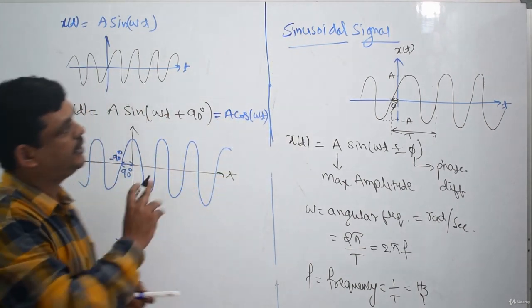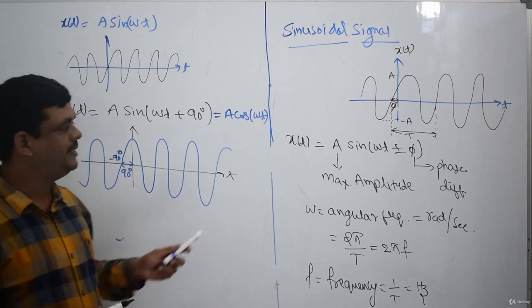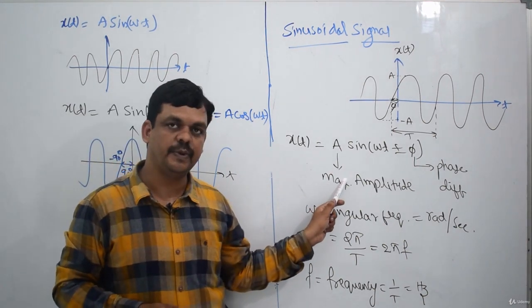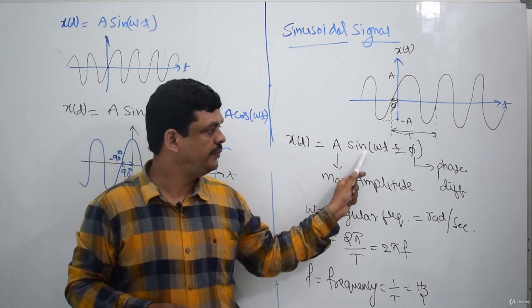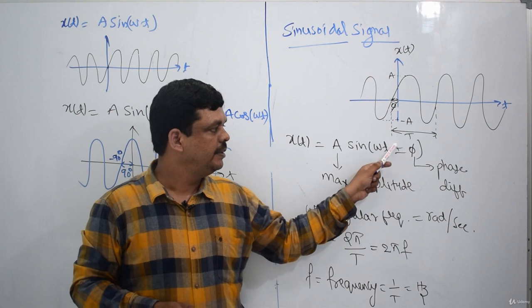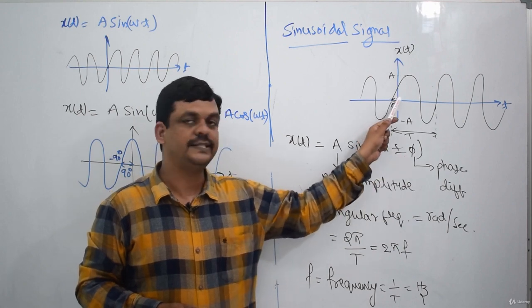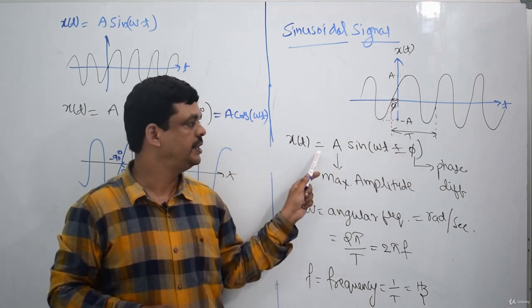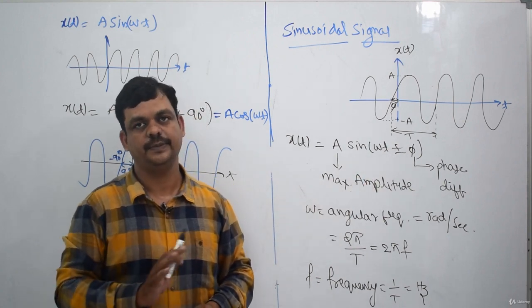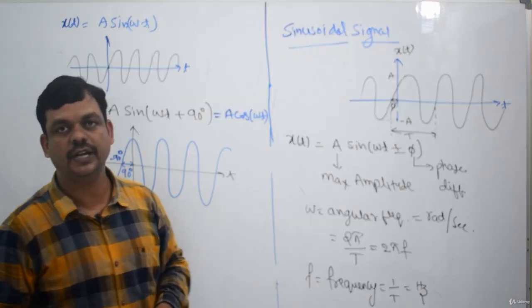This is another standard signal. In the standard equation, A explains the maximum amplitude, omega is the angular frequency, and t plus or minus phi is the phase difference. So the standard equation is a sine omega t plus or minus phi. This is a sinusoidal signal.